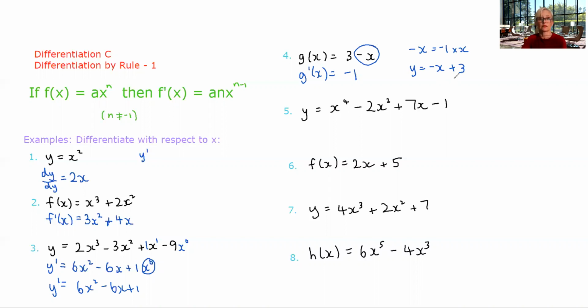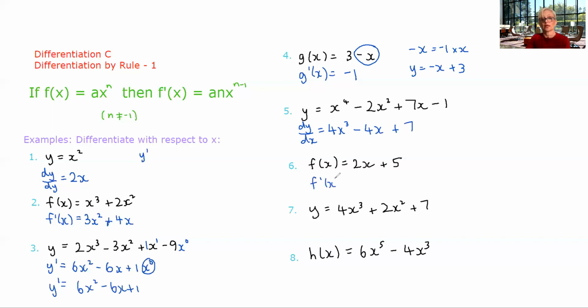So it makes sense that we have a constant gradient there. Okay, dy dx. Bring your index down and decrease it by 1. Multiply, bring it down, so you're going to get 4x to the 1 and then plus your 7.